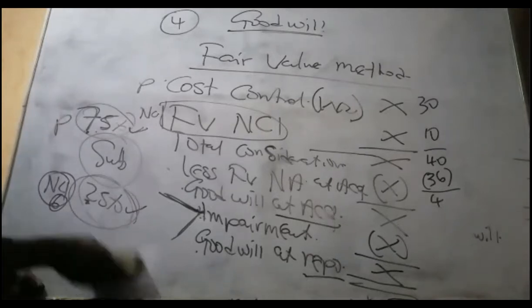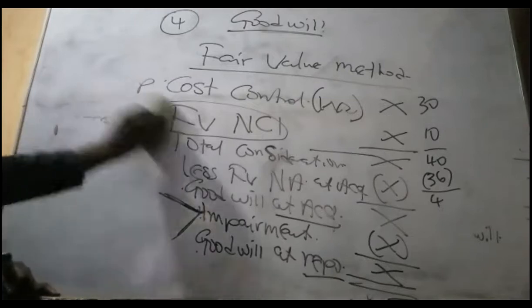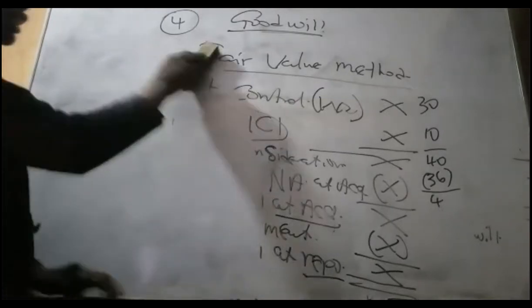Now let's move on to the second format. Then we are done. Today we look at all the standard workings and are left with just a few little issues that I will explain. So method two is the proportionate interest method.